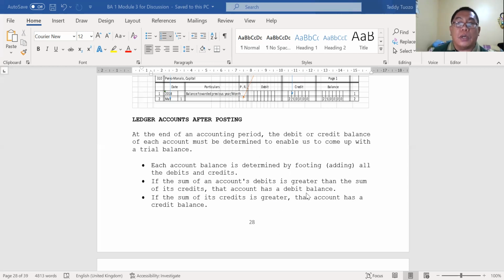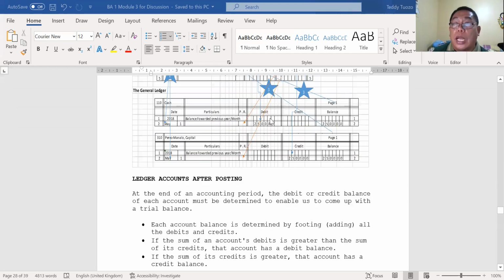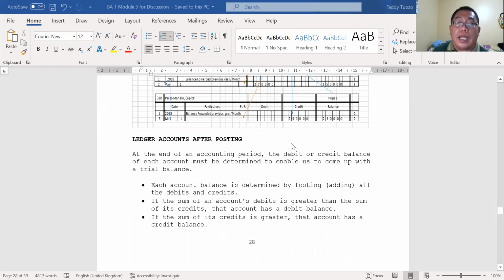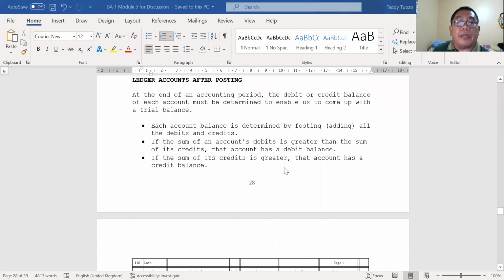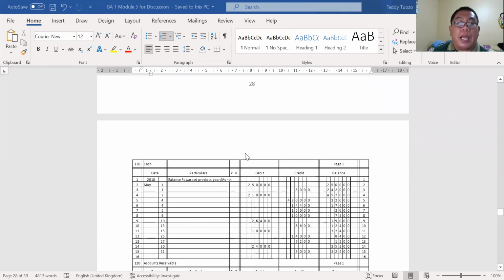In the general ledger, we do not total the debits and credits, unlike in the T-account. In the T-account, we total the debits and credits to determine the balance. Here in the general ledger, there is a balance column, so there is no need to total the debits and credits. Then if the sum of the credits is greater, the account has a credit balance.